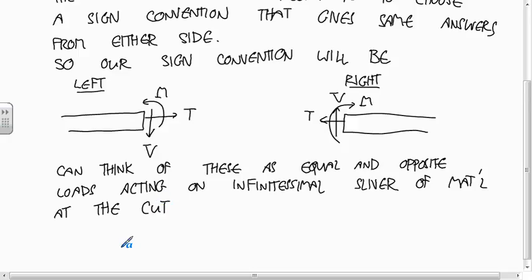So right at the cut, we're going to assume that you have this sliver. It's really infinitesimal. I drew it with some thickness there, just so you can see. So there's tension this way, tension this way, okay? And then for V, there's a shear force that way and a shear force that way.